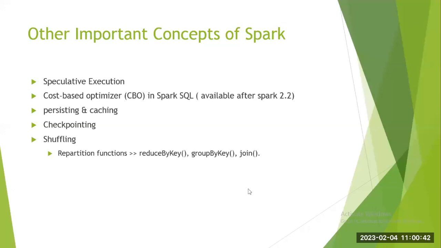So the concept is the same, because we are using Spark with YARN only. Whatever the concept of YARN is there, the same will be applied in Spark as well.